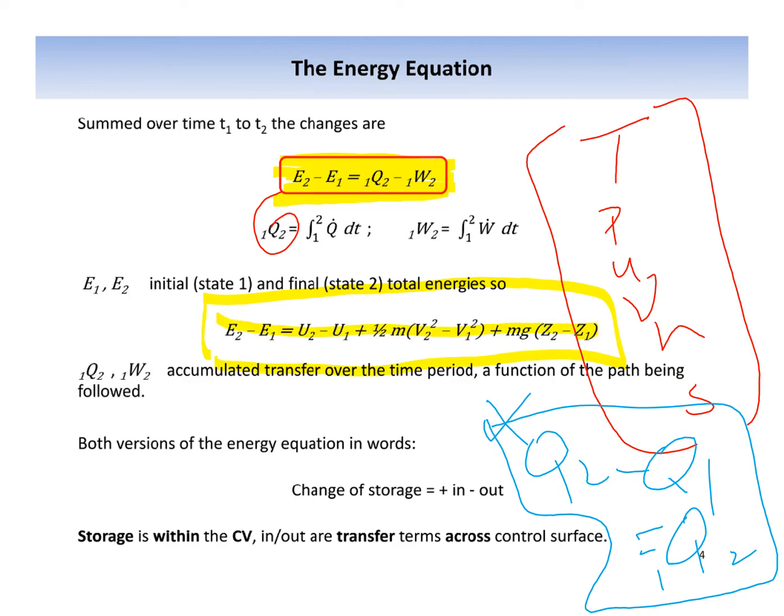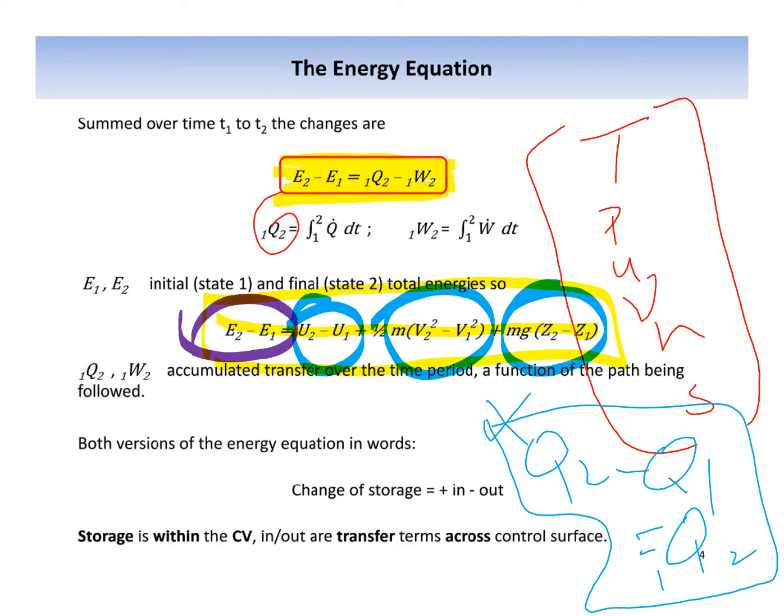And if we expand it, the difference of energies between state 2 and state 1 is equal to the difference of internal energy, plus the difference of kinetic energy, plus the difference of potential energy. And when we sum up all these differences, we get to a point where we can define the differences of energies.